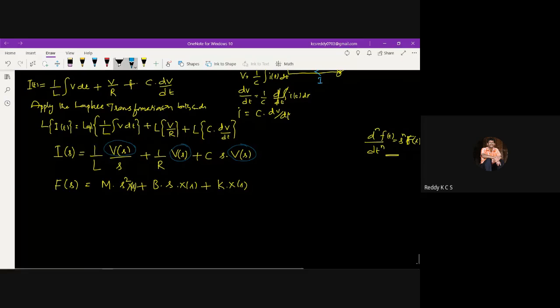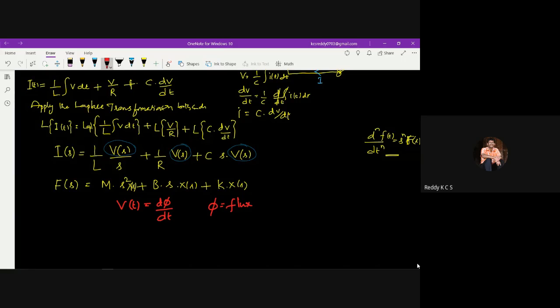We have a relation that V of t is equal to d pi by dt. So this pi is called flux. So here this voltage is written in terms of flux, that is d pi by dt.